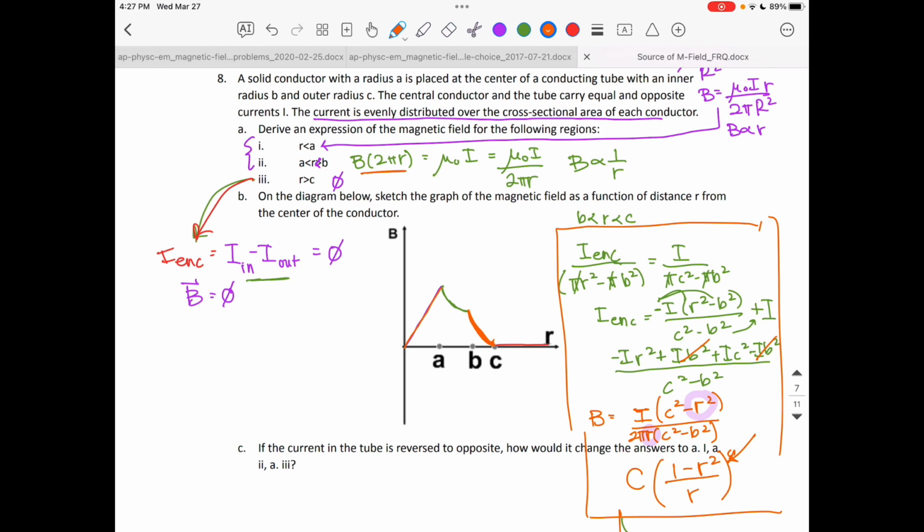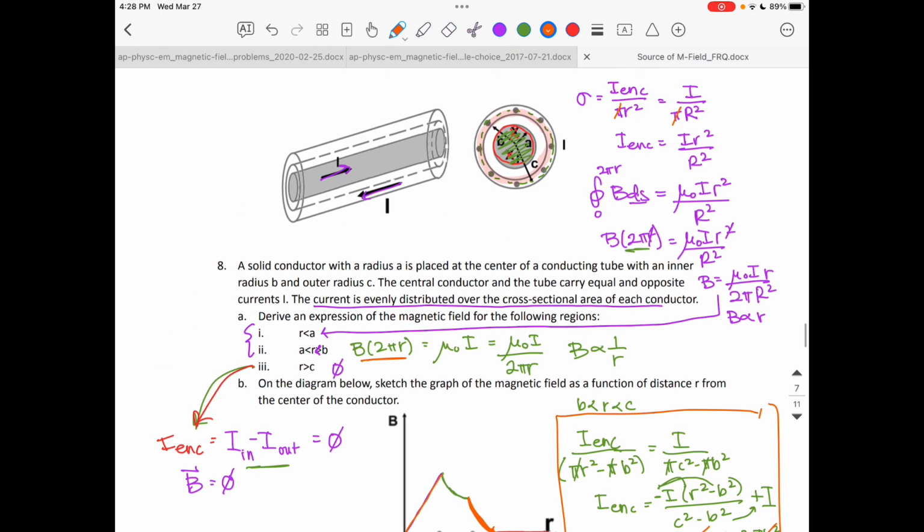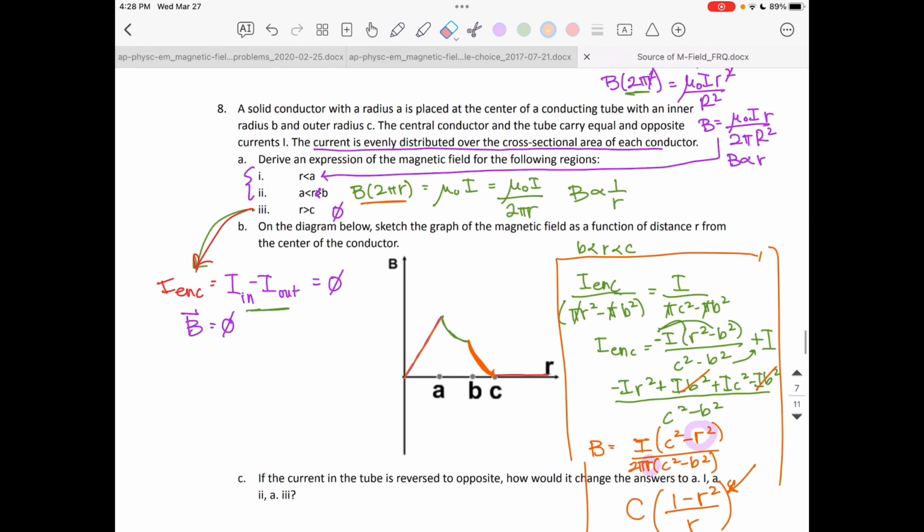So last is if the current in the tube is reversed to the opposite, how would it change your answers to A, 1, 2, and 3? Well, if they were going in the same direction, so let's say the current in the tube is reversed.